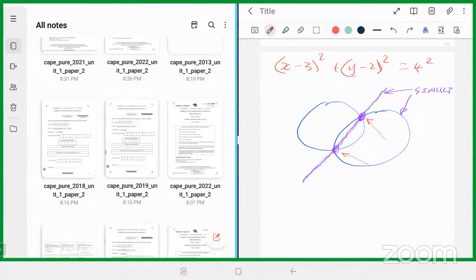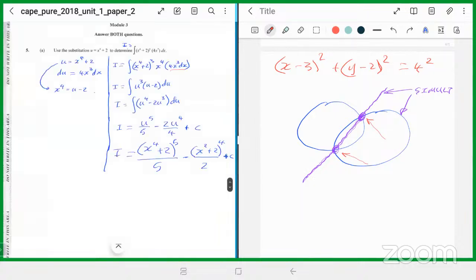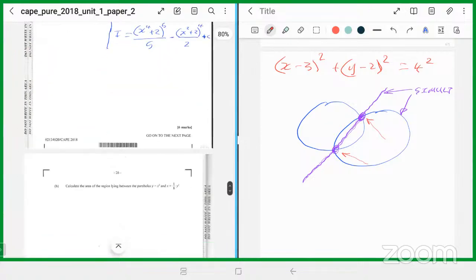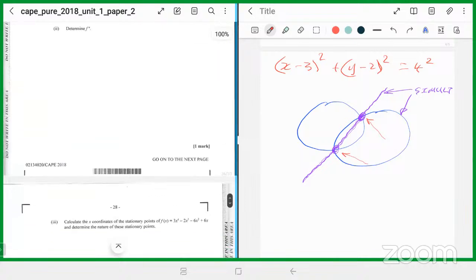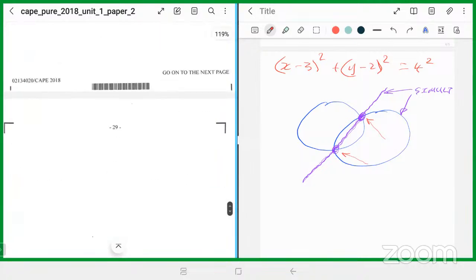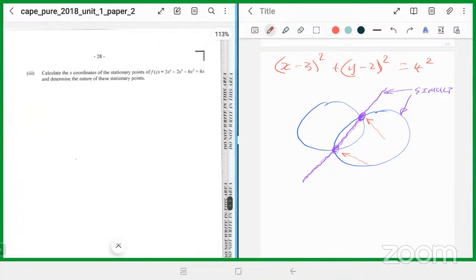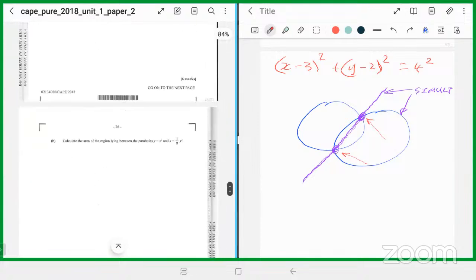All right, 2018. See if there's any proof on this one. All right, the proof would have come before the integration.